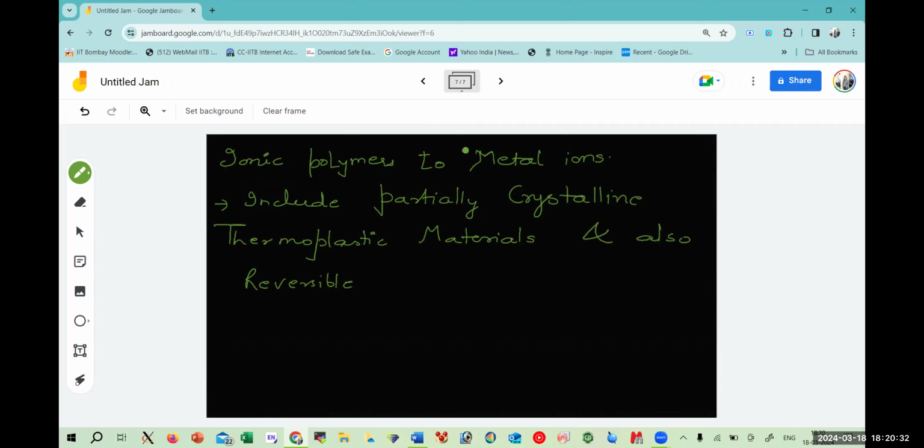It has also been found that the reversible physical cross-linking we were talking about gets affected by the lattice energy of the crystalline domain.